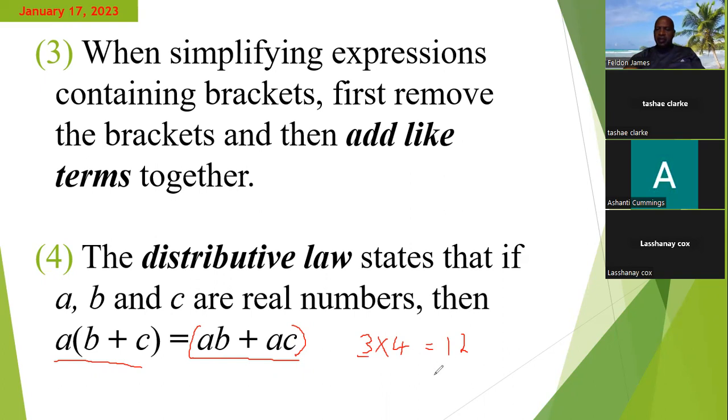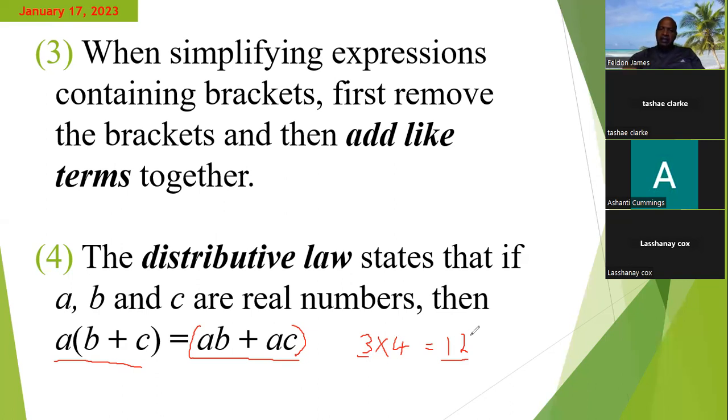Now, there are times when you might have the product, and we might ask you to find factors of the product, right? What are some factors of 12? So you're going to choose numbers that multiply together to give you 12. So we can find 3 and 4 as factors of 12. So we can multiply 3 times 4 to give 12. Now, the process of finding factors of 12, what we're really doing is factorizing.